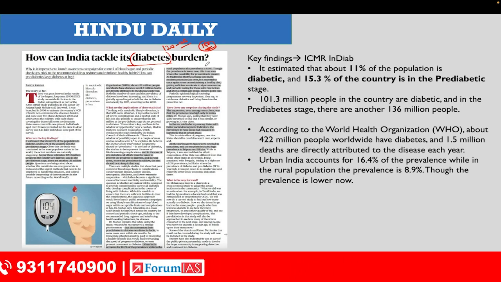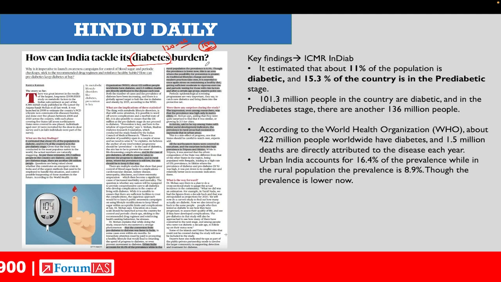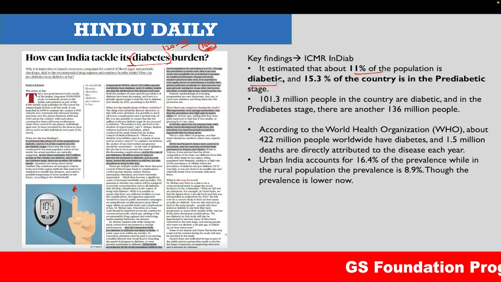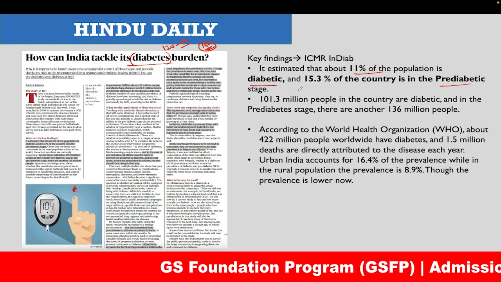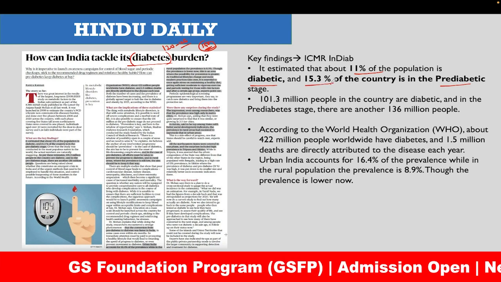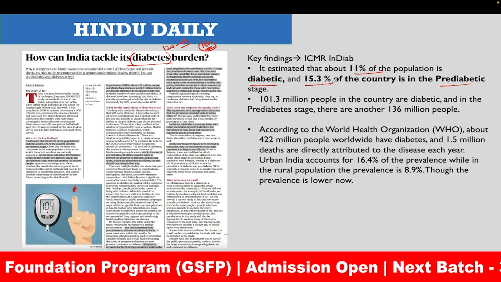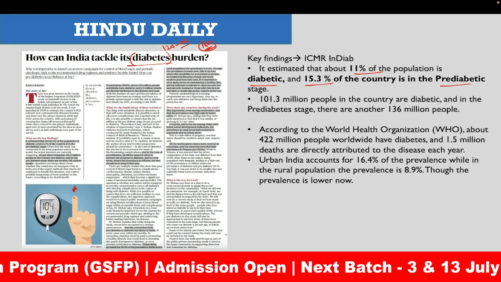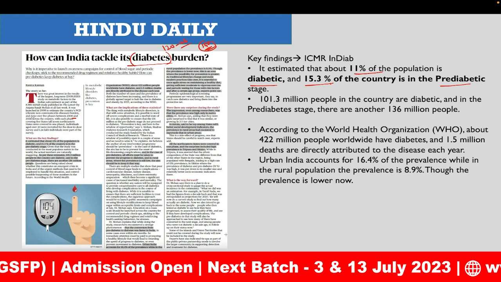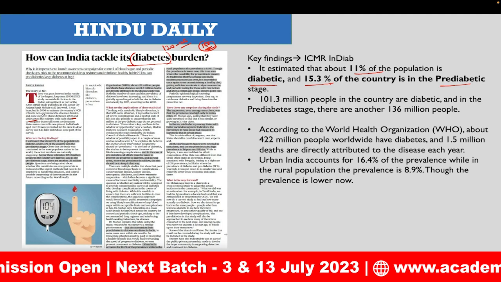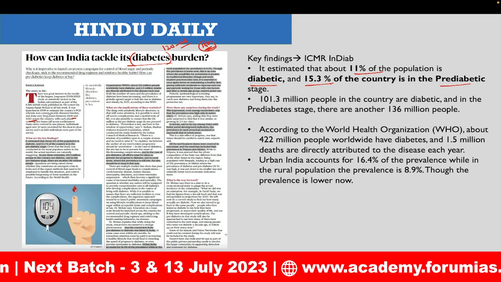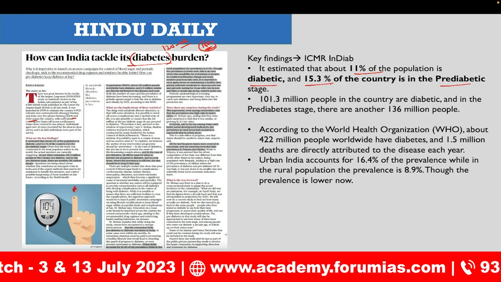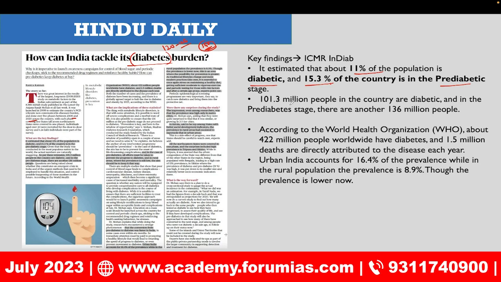Now, here the report had given various data. It stated that in India, almost 11% of the population are diabetic. Then it states that the pre-diabetic people are almost 15.3% of the total population. From 2008 to 2020, ICMR worked in 5 phases across the states, and they collected several data on diabetes.